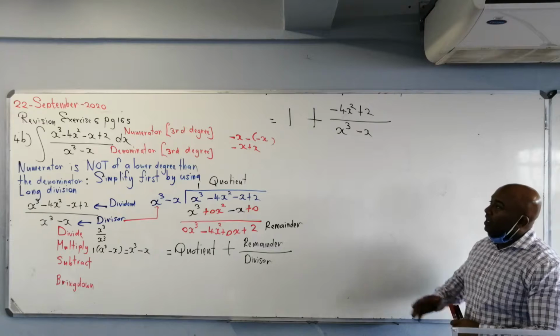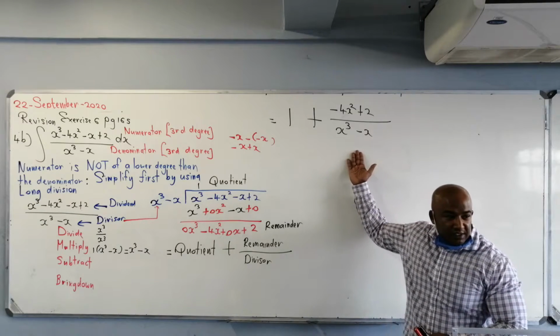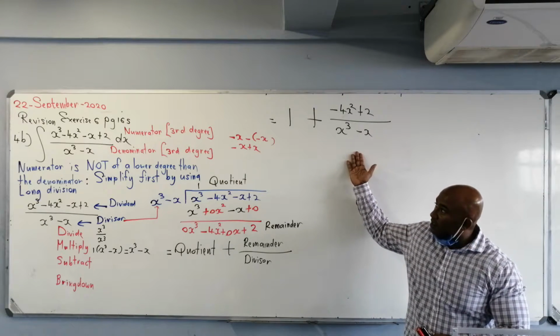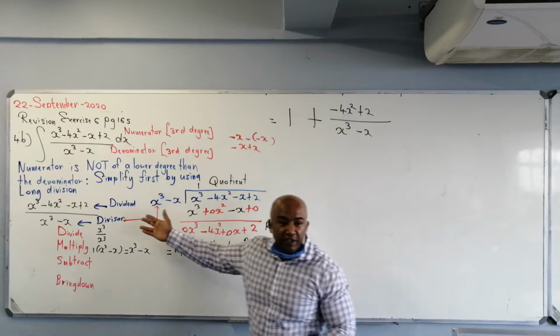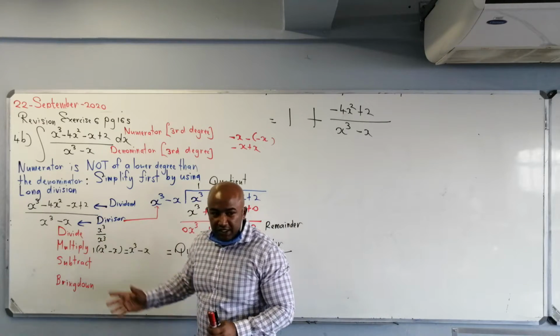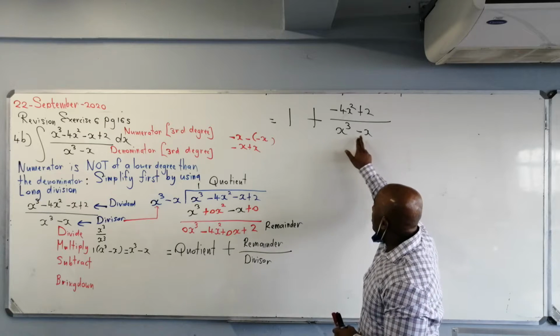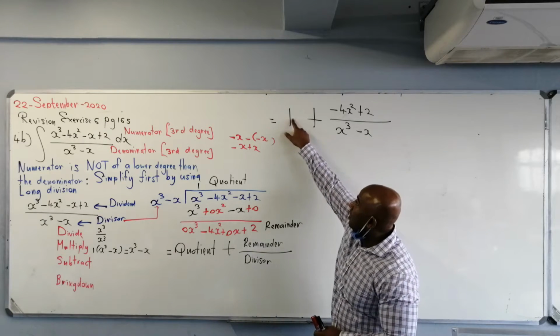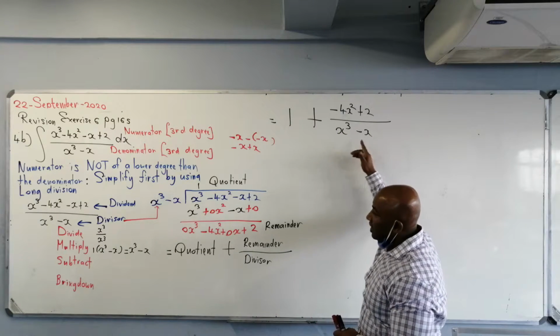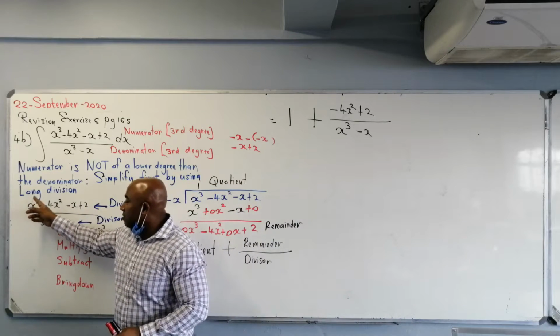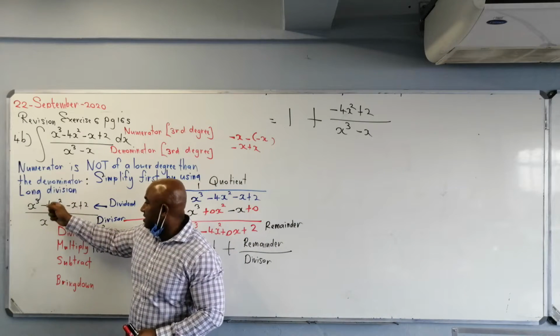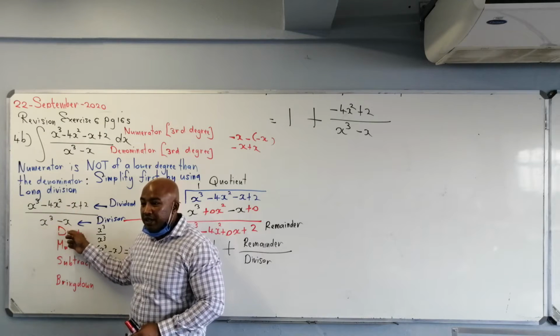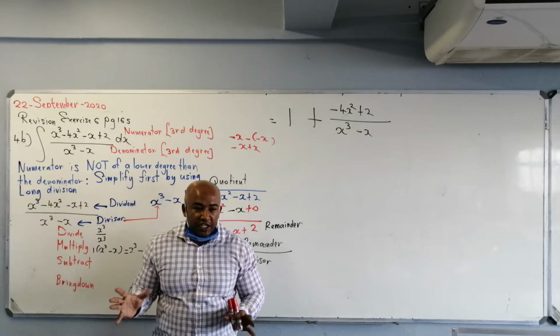Right, so if you find an LCD here, you should get back to the previous step. If I multiply 1 times x cubed minus x, it should give me x cubed minus 4x squared minus x plus 2 all divided by x cubed minus x. That's how you must check your answer.